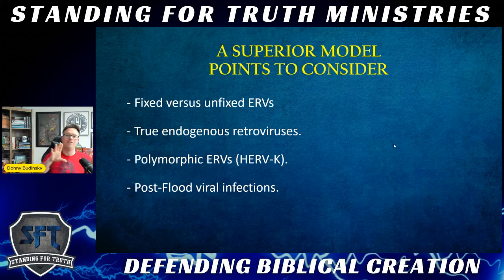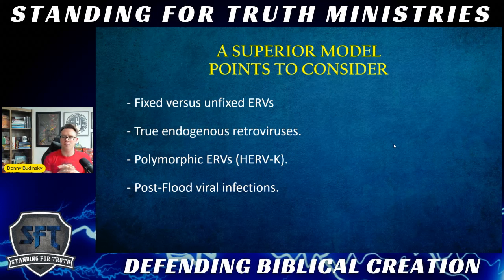And so you could have that ERV potentially spread to more people and reach a higher frequency. So if we do see some unfixed ERVs at higher frequencies, well, we can attribute that to an exogenous retroviral infection passed down vertically in the time period between the flood and the Babel dispersal. Okay. And this explains the data that we see.